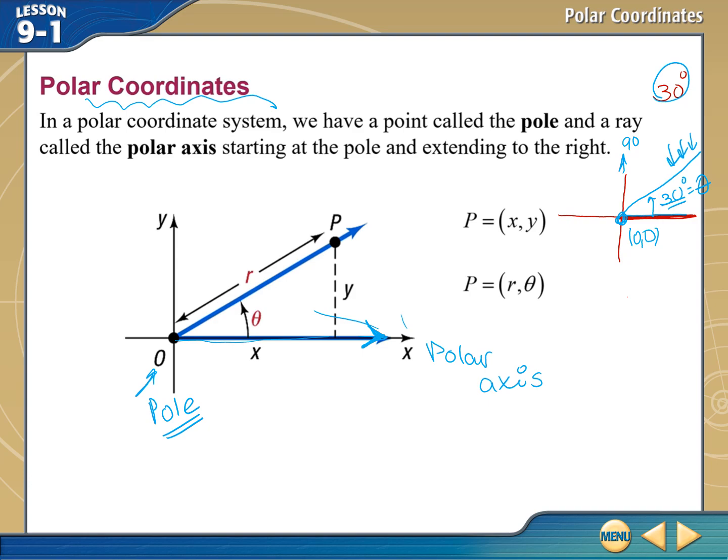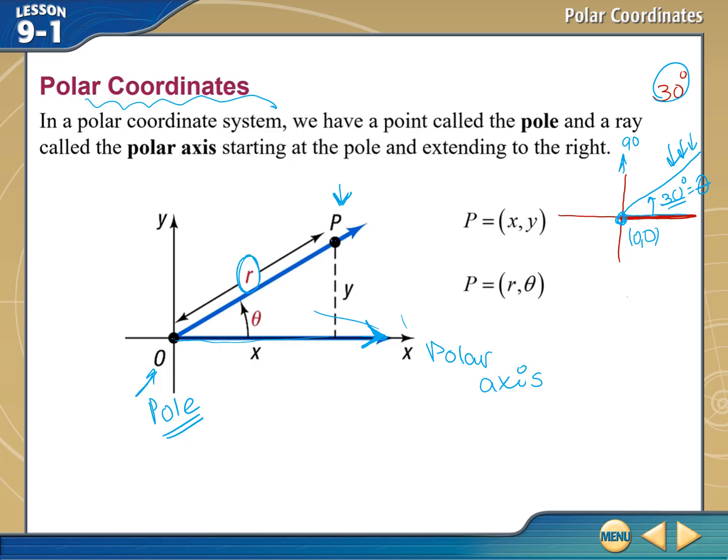Now what do you do? The same way, just move in the anti-clockwise direction to make an angle. Okay, now if you want to find the distance from the pole to this point P, it is denoted by r.